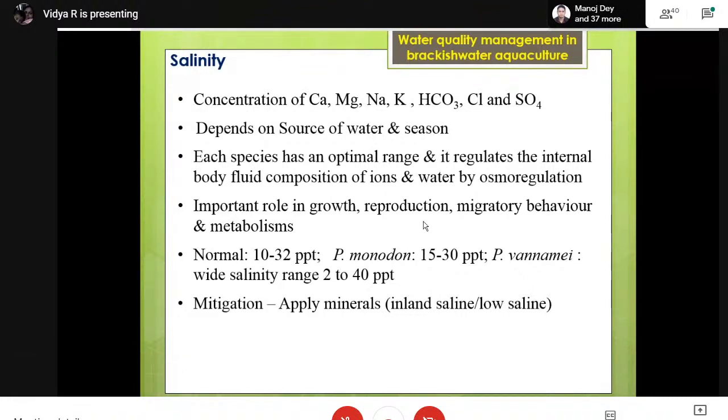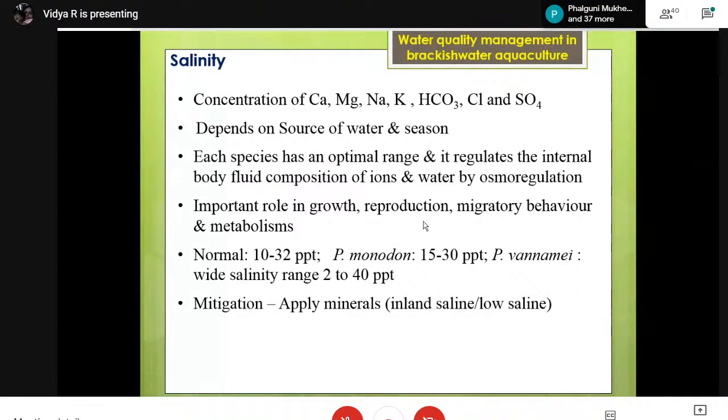And for each species we use for farming, like Penaeus monodon and Penaeus vannamei, the salinity ranges vary. Salinity plays a very important role in growth, reproduction, migratory behavior, and metabolism. The optimum salinity range for Penaeus monodon is 15 to 30 ppt. For vannamei, it is 2 to 40 ppt.